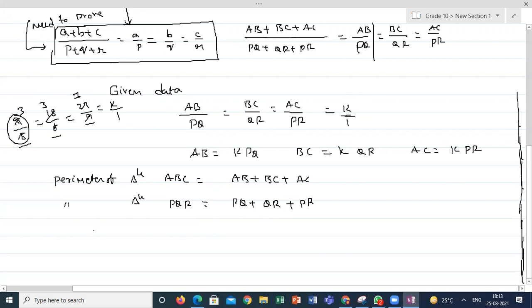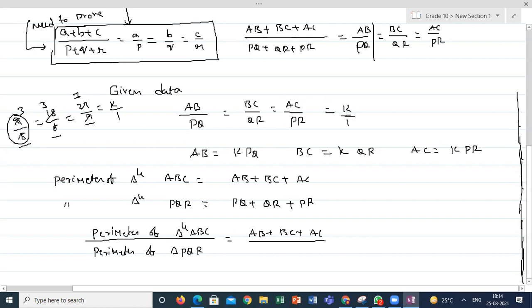So the ratio of the perimeter of triangle ABC divided by the perimeter of triangle PQR will be equal to AB plus BC plus AC divided by PQ plus QR plus PR.